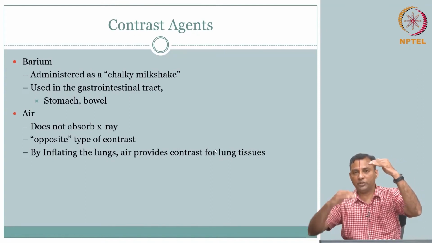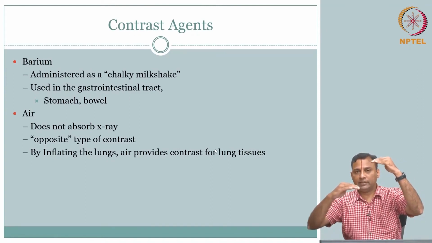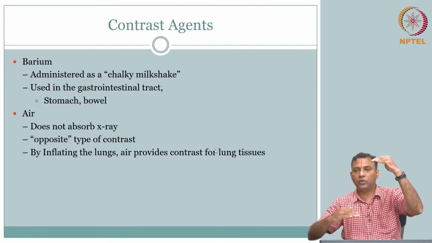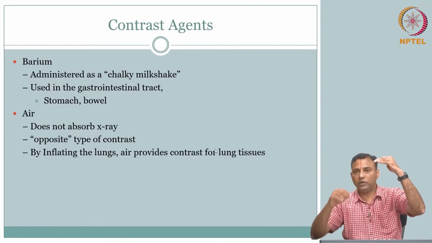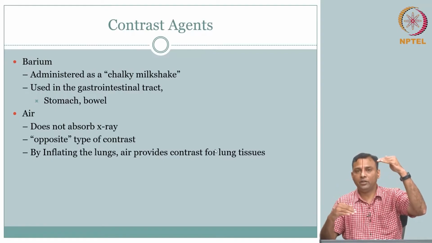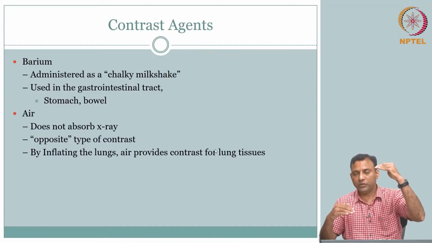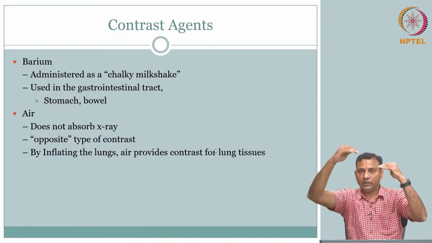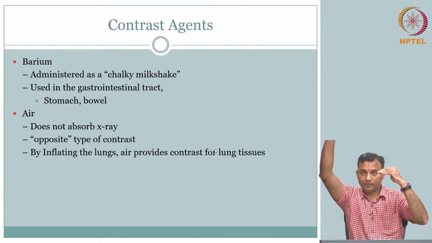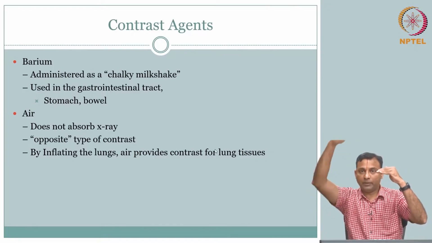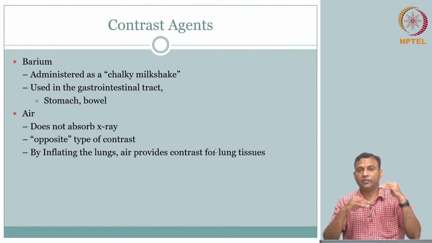So for a given soft tissue, if air is in the path, the signal is going to go down, and therefore a good contrast is going to be obtained. In case of the other one, barium and iodine, the soft tissue is here, barium or iodine is going to go up, right. So we can separate the difference.